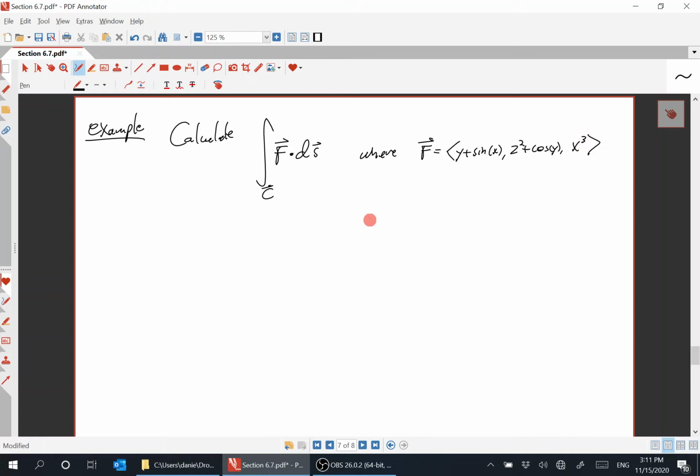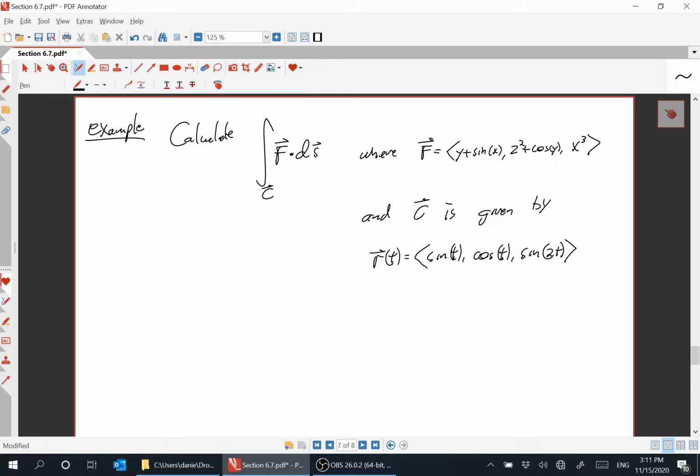And C is given by r of t equal to sine t, cosine t, sine 2t. Okay, let's use Stokes' theorem to calculate this.